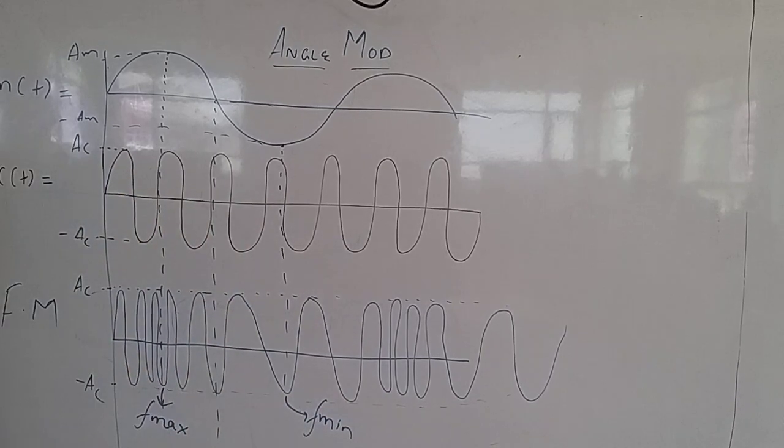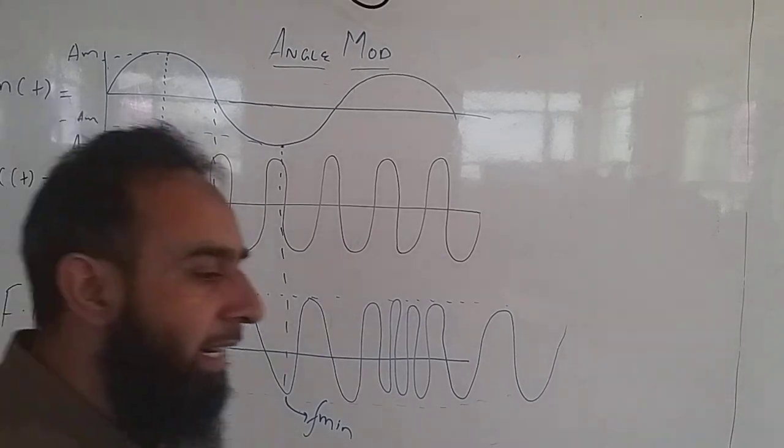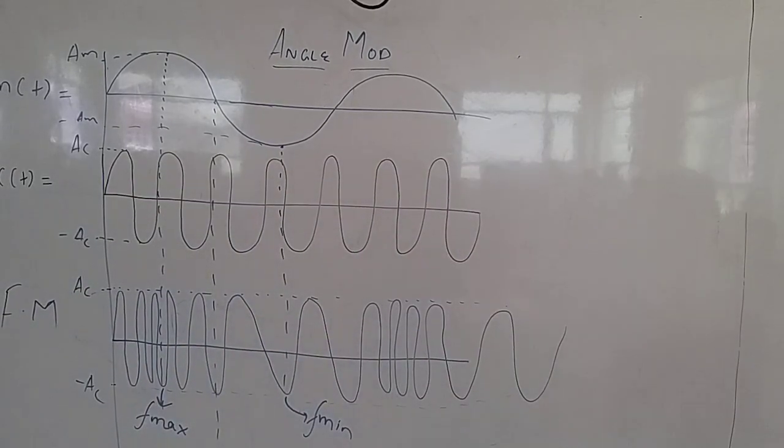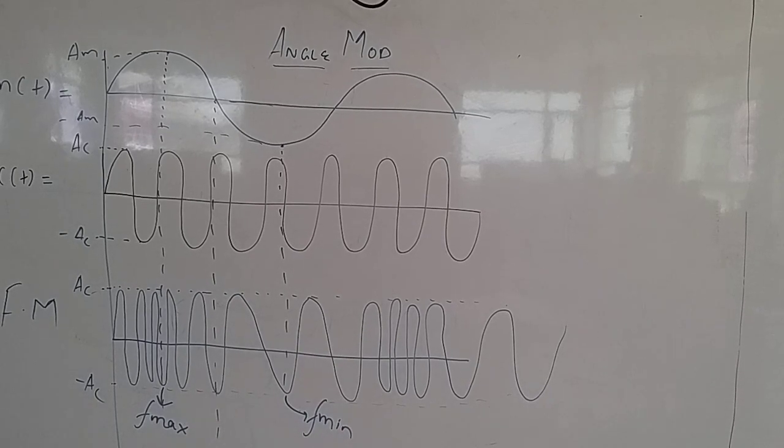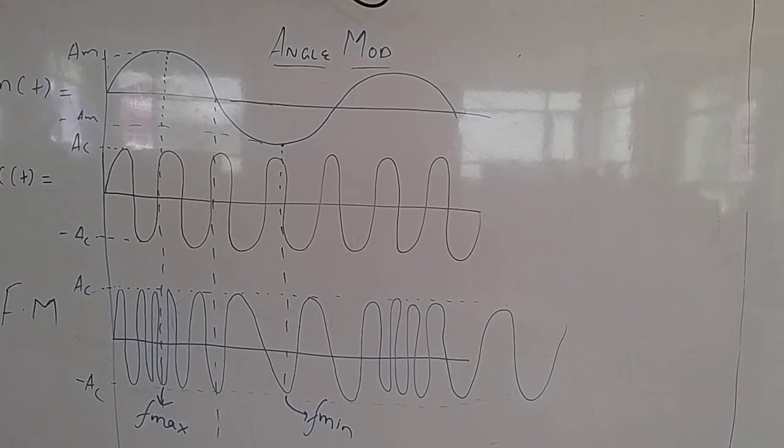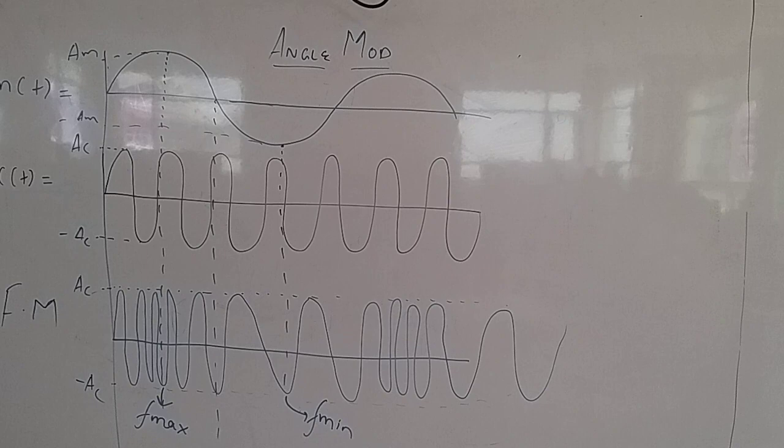And the same thing continues, right? So we have bands of frequency, high frequency bands and low frequency. Therefore, we get to know how the message signal has impacted the carrier frequency now. When I send this carrier frequency from a transmitter to a receiver, on the receiving side, where I have the highest frequency, I will be able to understand this is the maximum peak of my message signal.